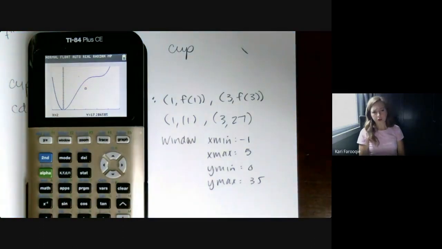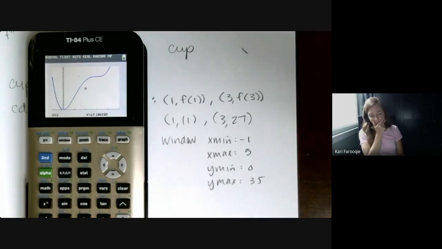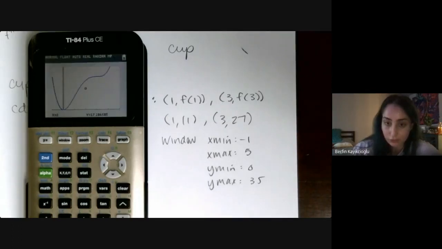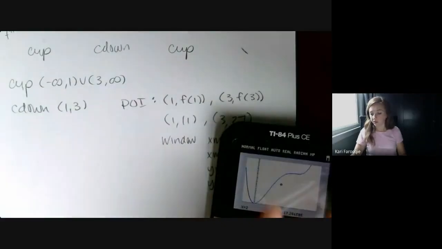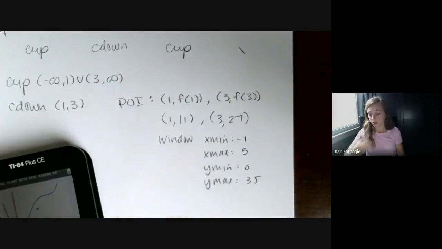Does anybody have a question about the result we obtained or the graph? So did we basically confirm that the possible POIs were actual POIs? Oh, yes, they're actual POIs. So yes, I labeled them here, but yes, technically you're right.